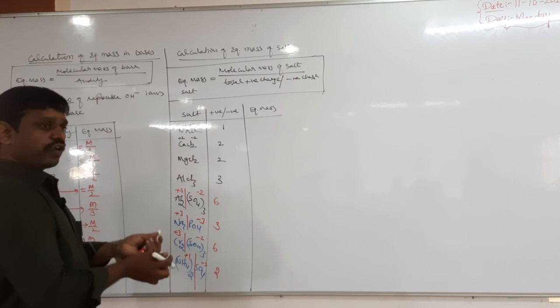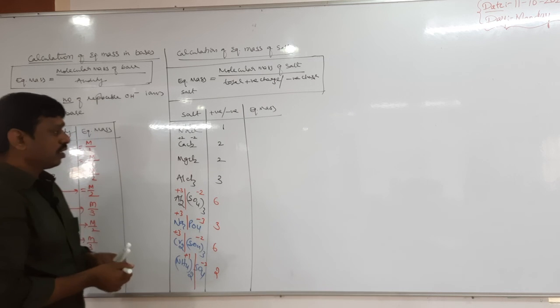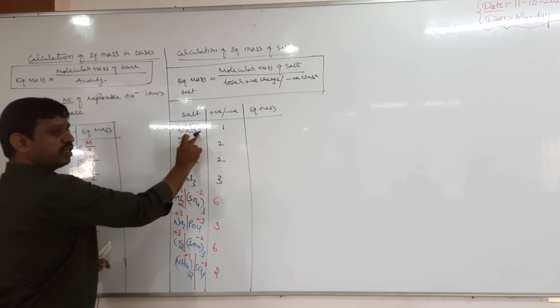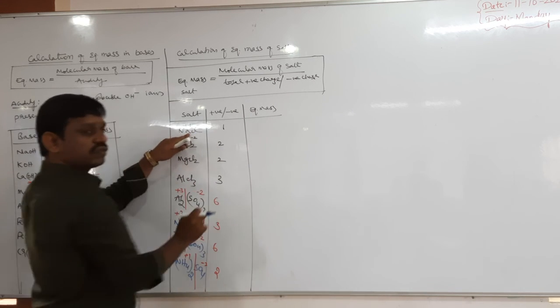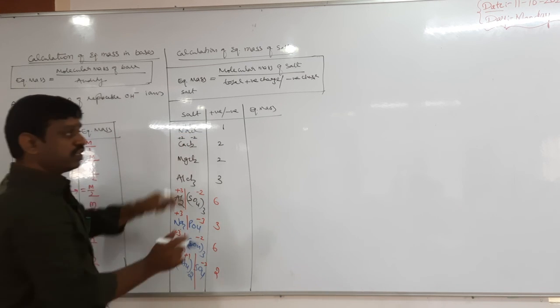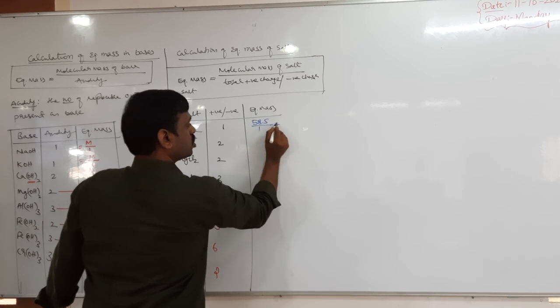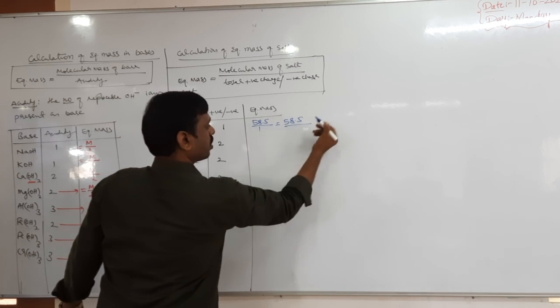Then calculation of equivalent mass is very easy, because molecular mass you can calculate. Tell me, what is the molecular mass of sodium chloride? Sodium is 23, chlorine 35.5. 23 plus 35.5 is 58.5, divided by 1, which equals 58.5. You can calculate like this.